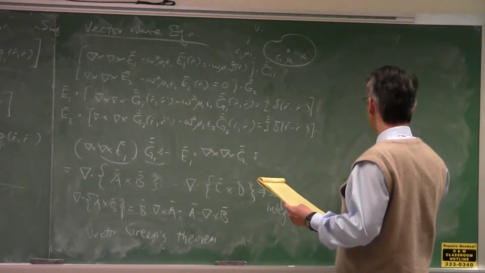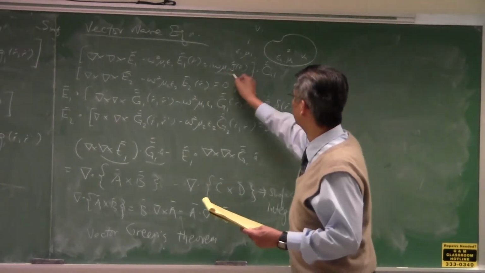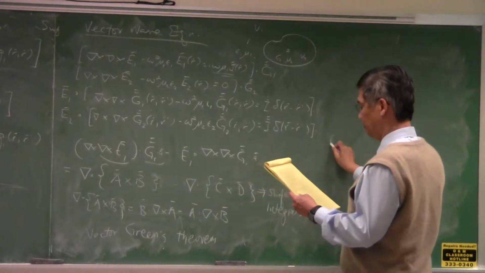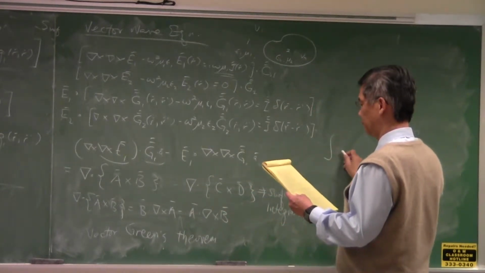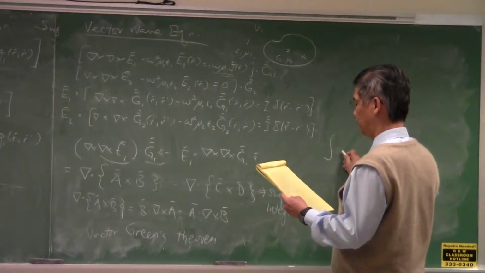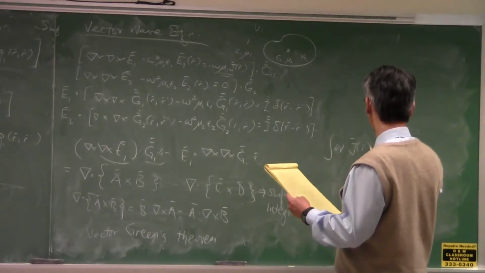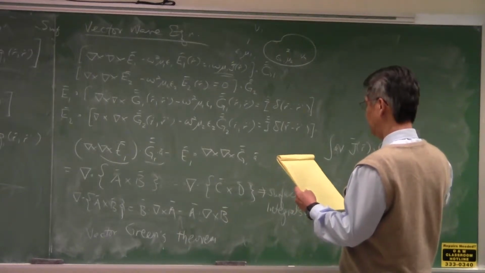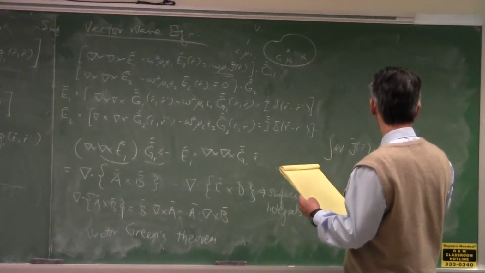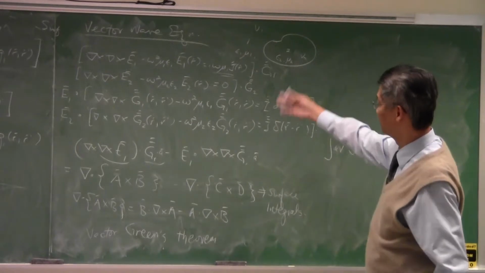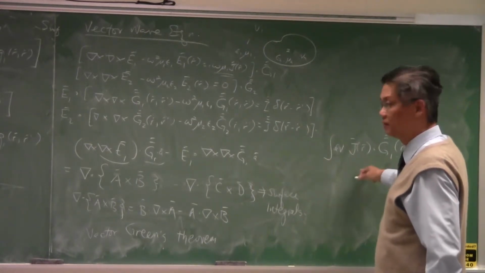If I just take this term over here, I will end up with things that look like this: dv J of r dot G of r prime. I will end up with this because of the mathematics, and this is unpleasant.